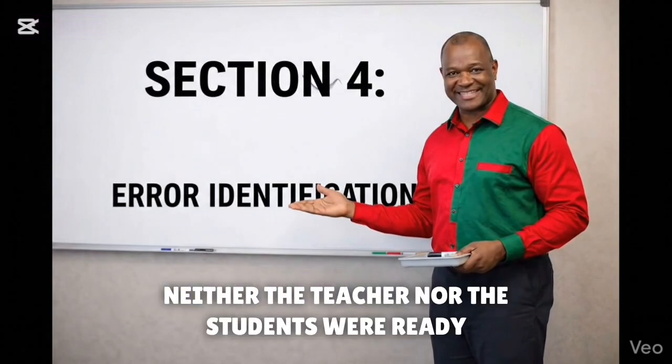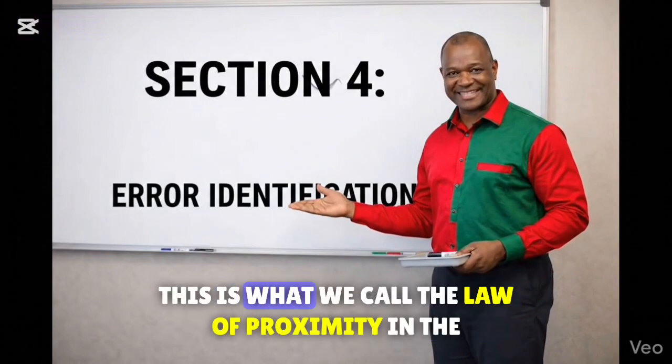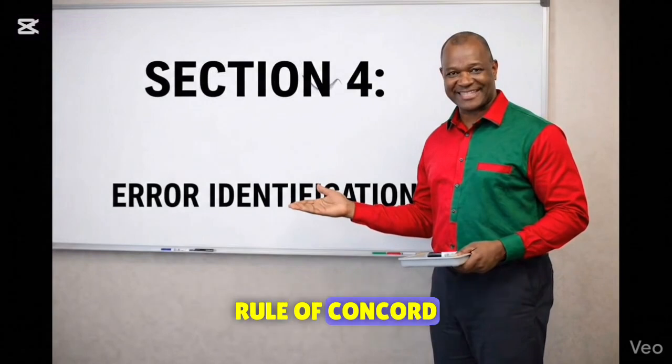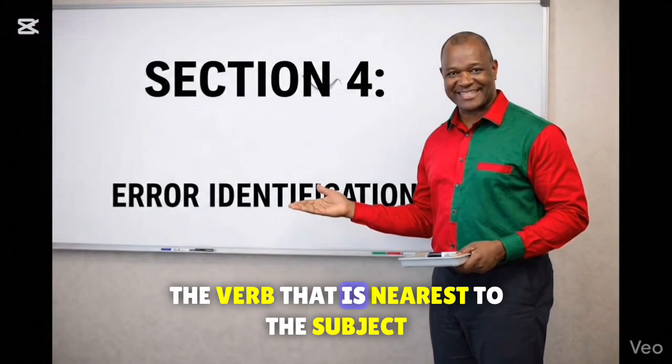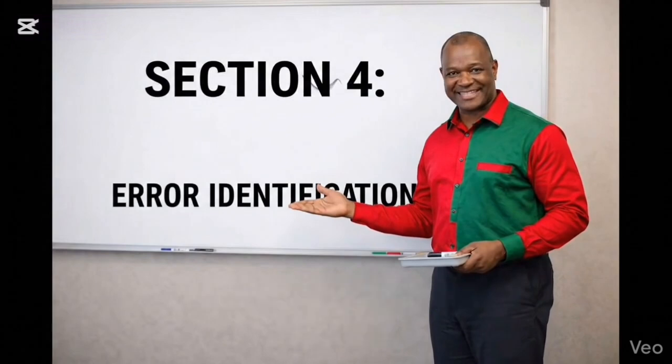Neither the teacher nor the students were ready. And the verb here must agree with the nearest subject, which is students. This is what we call the law of proximity in the rule of concord. The verb that is nearest to the subject should agree with the subject.